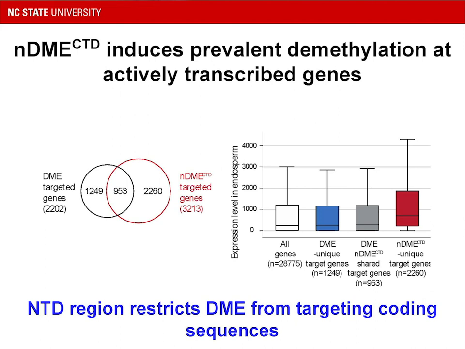Indeed, we see that all these newly ectopically demethylated genes tend to have higher expression in the endosperm. So we think one function of the N-terminal region is to restrict DEMETER from targeting these coding sequences, but we don't know what kind of mechanism yet.